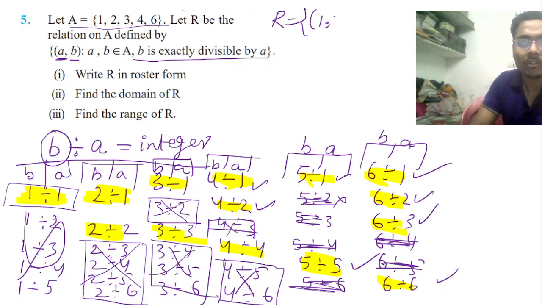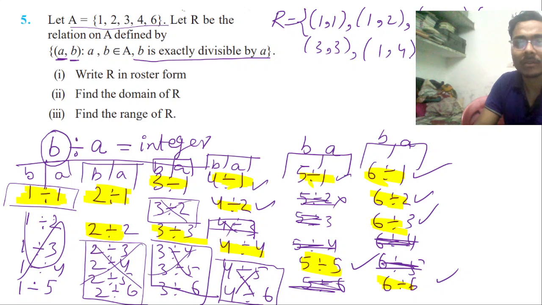Okay, so 1 comma 1, then 1 comma 2, then 2 comma 2, then 1 comma 3, and then 3 comma 3, then 1 comma 4, then 2 comma 4, and then 4 comma 4, then 1 comma 5 and 5 comma 5, then 1 comma 6, 2 comma 6, and 3 comma 6, and 6 comma 6.